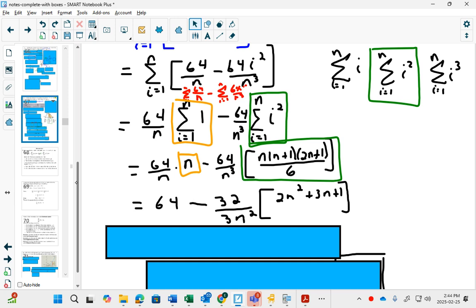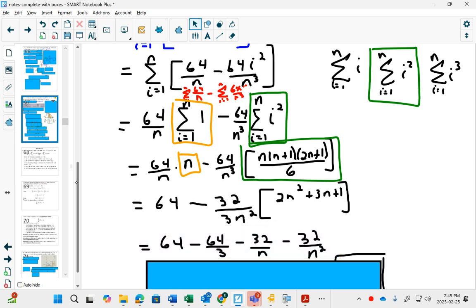I multiplied out the top, and I did 64 over 6, simplified that to 32 over 3. Can you see that I could distribute that? If I distributed it, I'd get 64 minus 64 over 3 minus 32 over n minus 32 over n squared. Now that is the formula simplified.